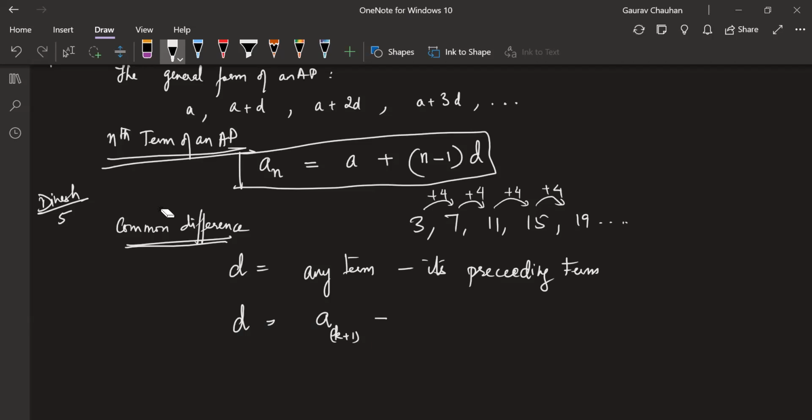Sir, the previous number. For k+1, what is the previous number? Sir, A(k). Fantastic. This is how you find the common difference. You can write this down also, guys: common difference is any term minus its preceding term, which is A(k+1) minus A(k).